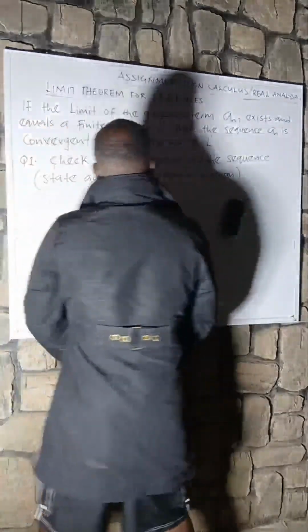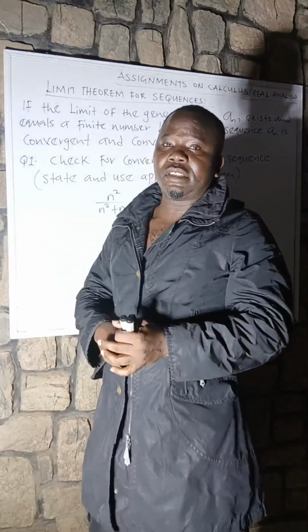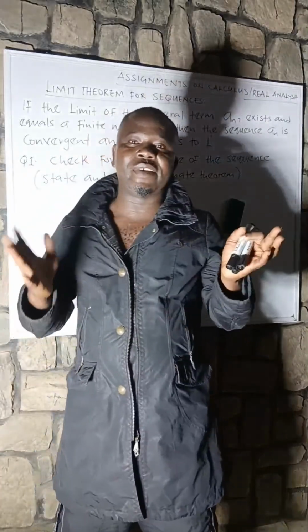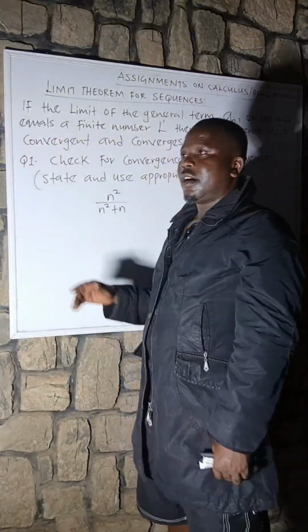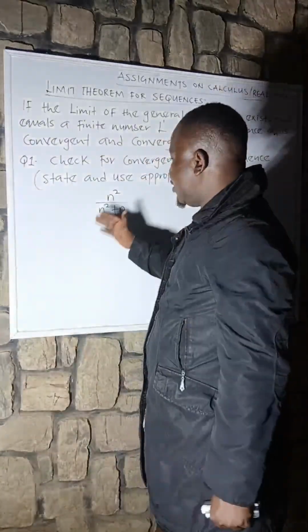When we say finite number, there are numbers that we can count. But when we say infinite, it means it is uncountable. So let us check whether we have a finite number in the limit.